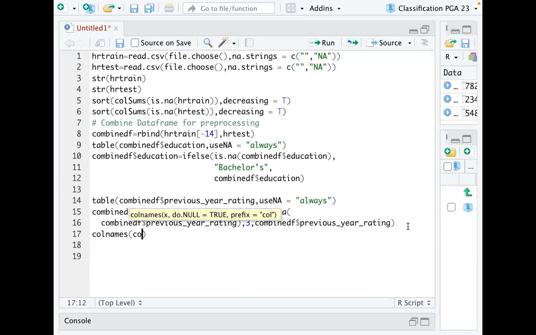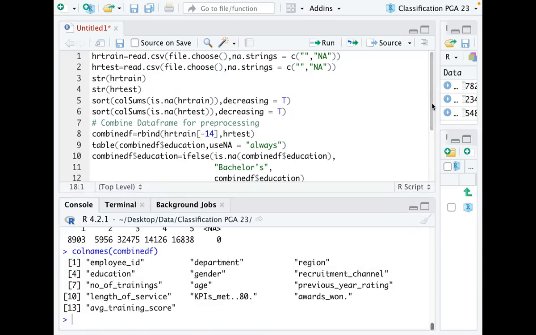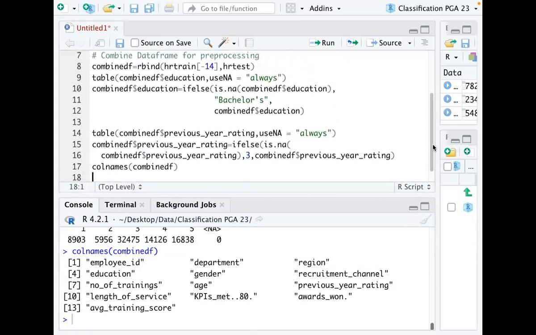Col names combined DF. Col names combined DF.